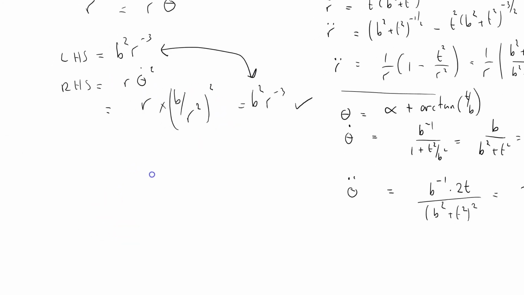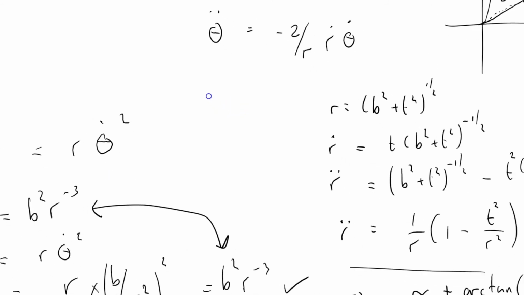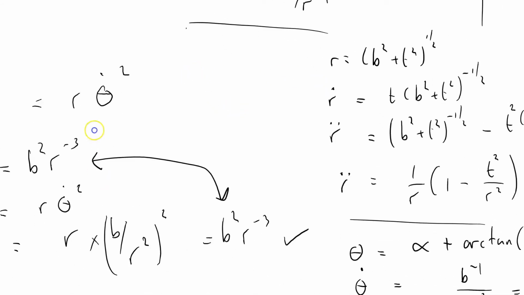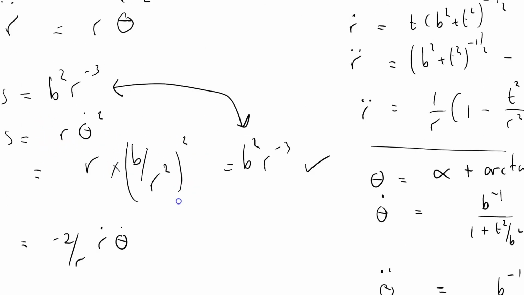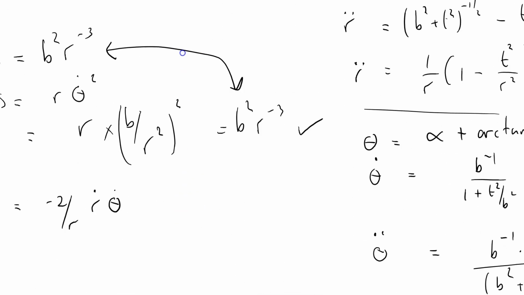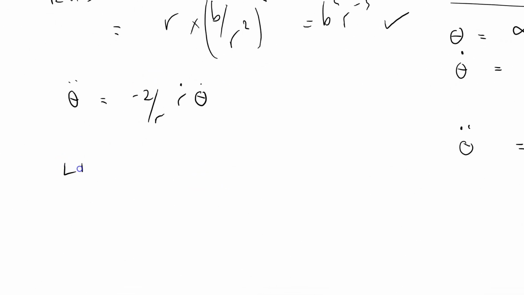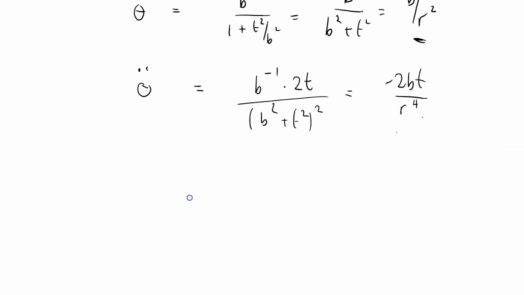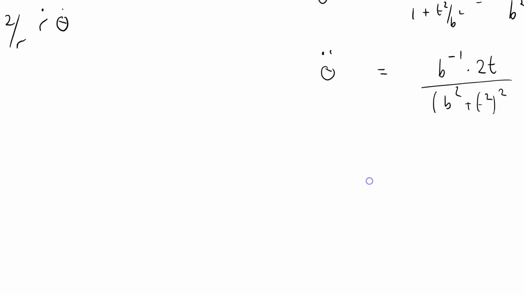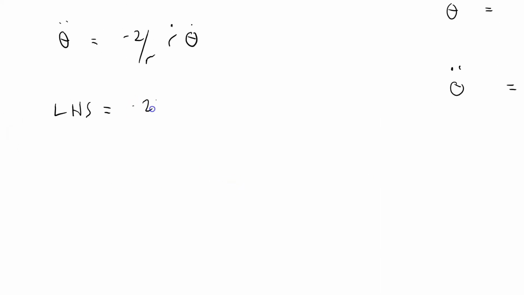What was the other equation? Here it is. Theta double dot equals minus 2 over r, r dot theta dot. The left-hand side equals theta double dot, which is this formula here, minus 2bt over r to the 4. The right-hand side is equal to minus 2 over r times r dot times theta dot.